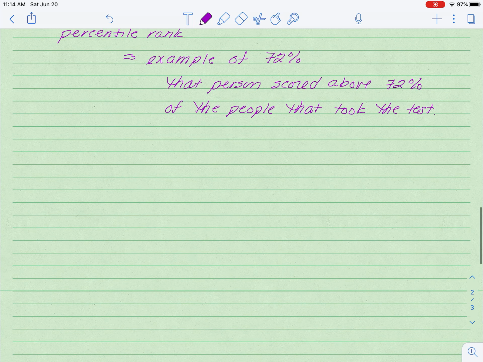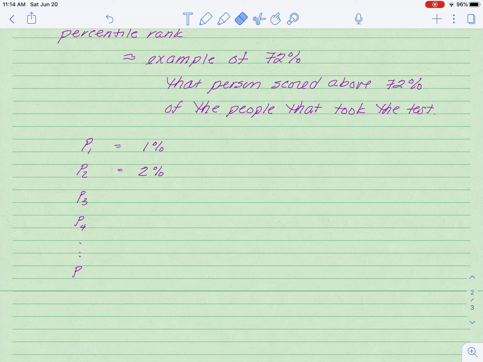The symbols for percentile: the first percentile is P1, the second percentile is P2. This means that you're at the 1st percentile, the 2nd percentile, and so you've got P3, P4, all the way up to P100. Actually, you can't score above 100% of the people to take the test because you're a person in that test.